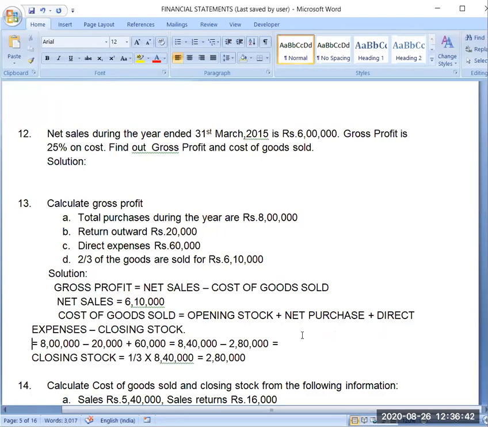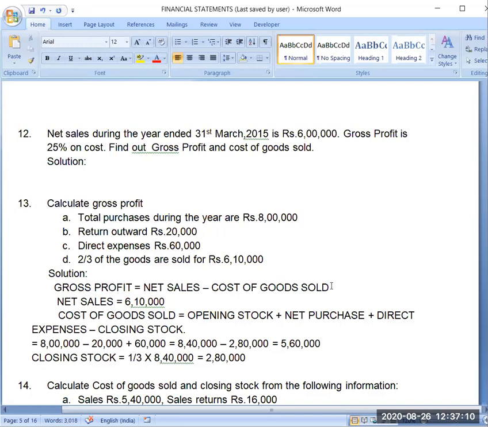Clear? Okay, fine. So my cost of goods sold will now be 8 lakh 40 minus 80. It will become 7 lakh 60. Then minus 2 lakh. It will become 5 lakh 60,000. So my cost of goods sold is 5 lakh 60,000 and my net sales are 6 lakh 10,000.